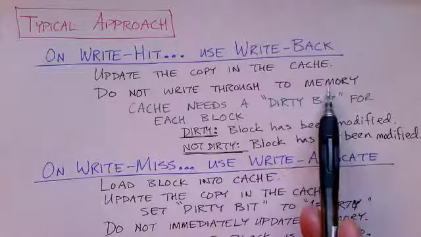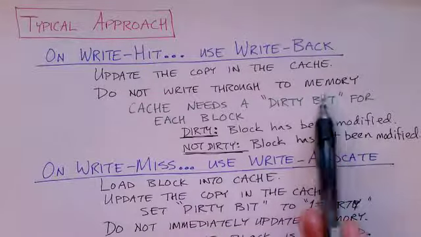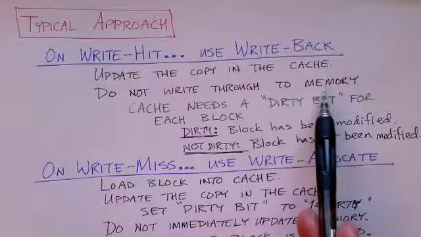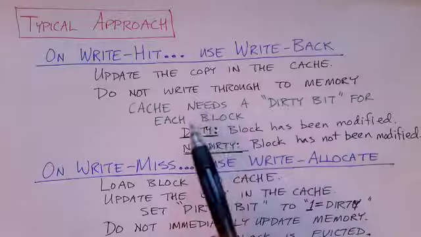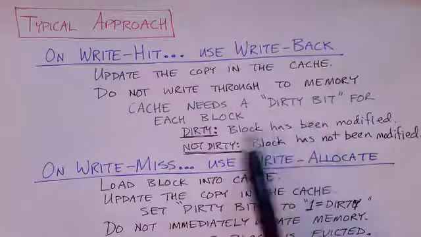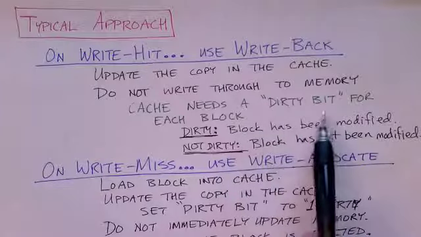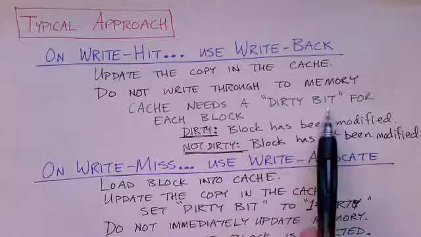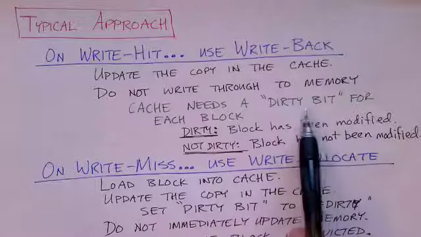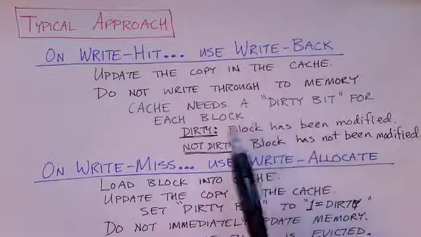And when a block is evicted from cache, if it's been updated, it has to be written back to main memory. But if it hasn't been updated, there's no need to write it back to main memory, and that would just waste a bunch of time. So the cache also maintains what's called a dirty bit for each block. This is a 1-bit flag that's associated with each block in the cache. Each block has a bit called the dirty bit, and it's either a 1 or a 0.